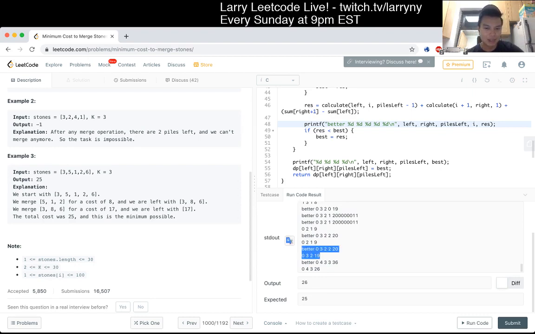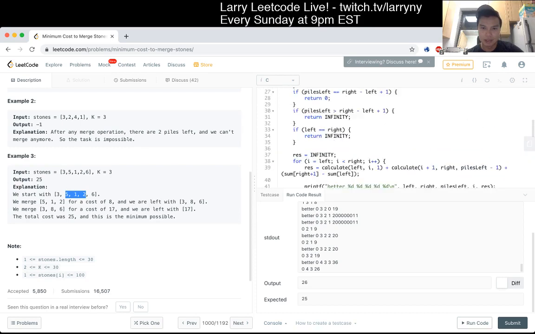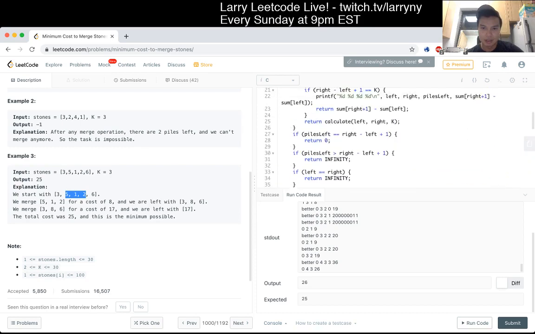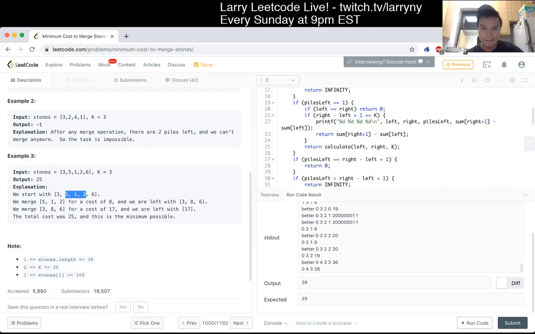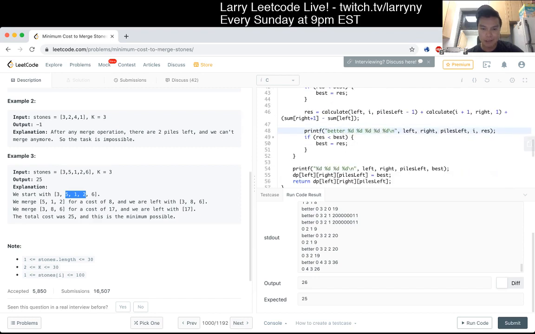So 3, 2 is 19. No, that's not right. You don't sum up the piles in it, so 0, 3, 2 should be 6, 7, 8.